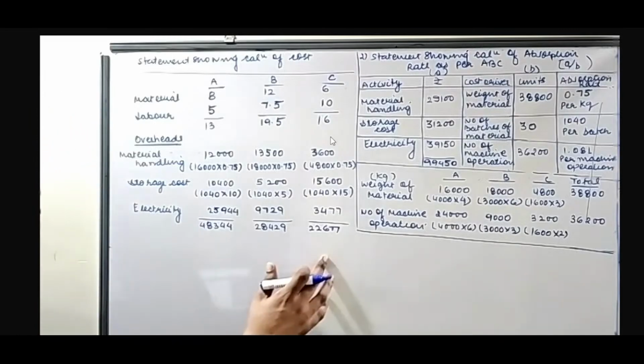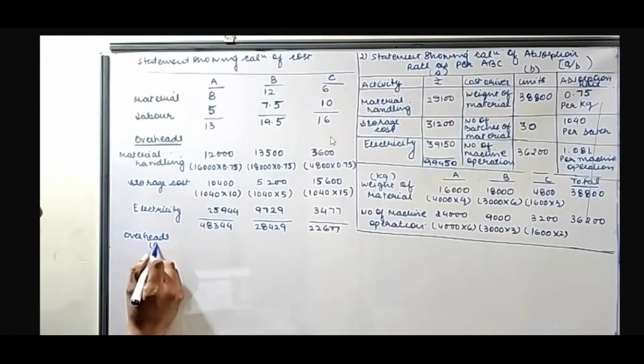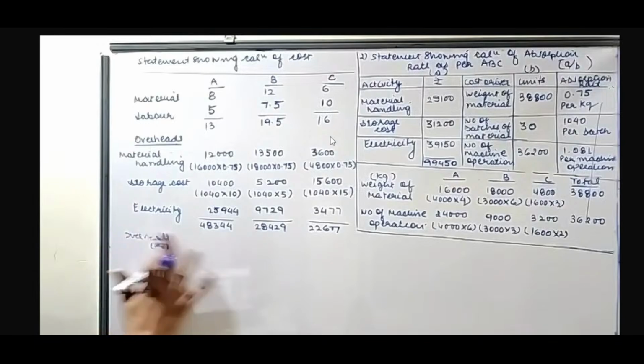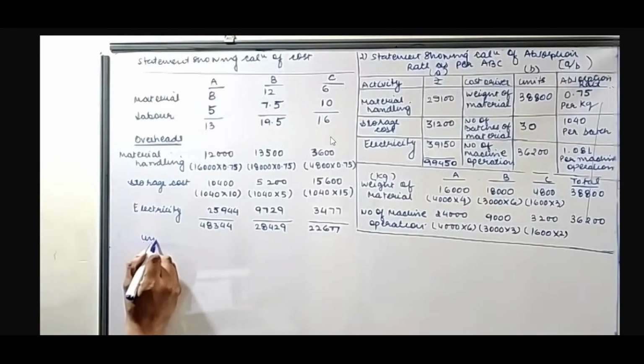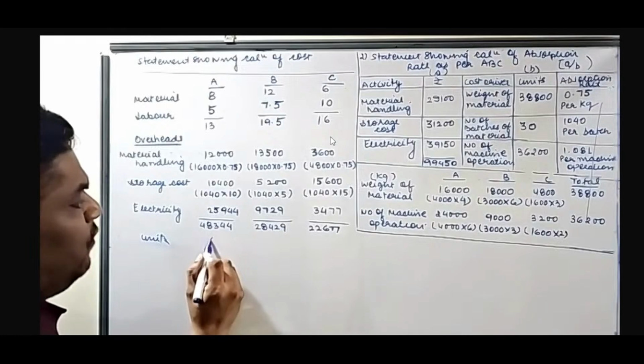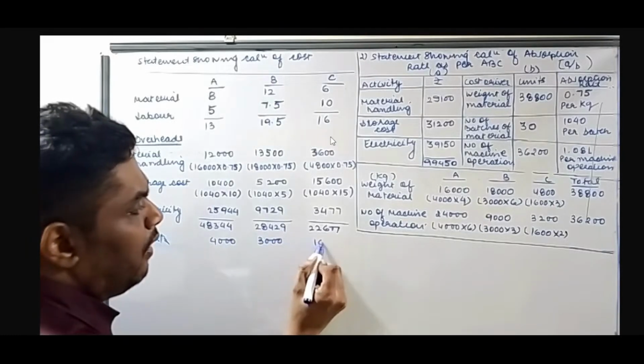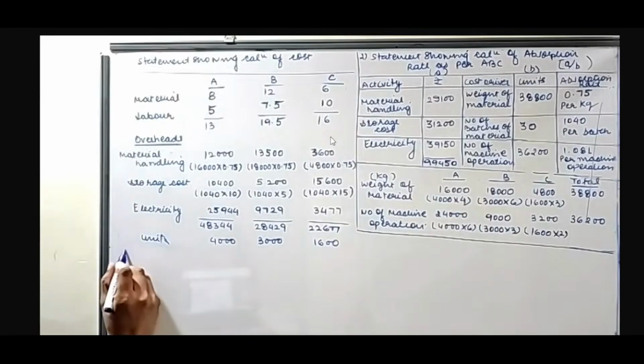So we have got the total overhead. We will calculate the overheads per unit. The units are already given in the question. That is 4,000, 3,000, and 1,600.